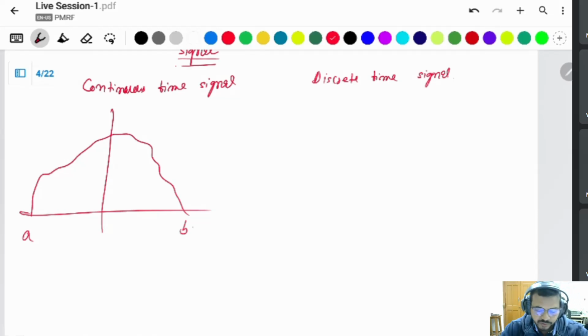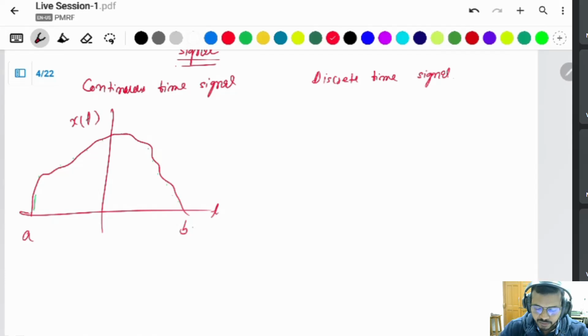You get the value of the signal at any instant of time. This is the time axis of the continuous signal.